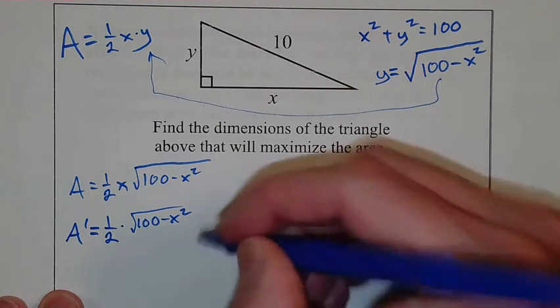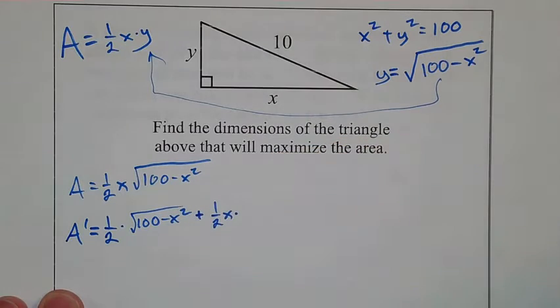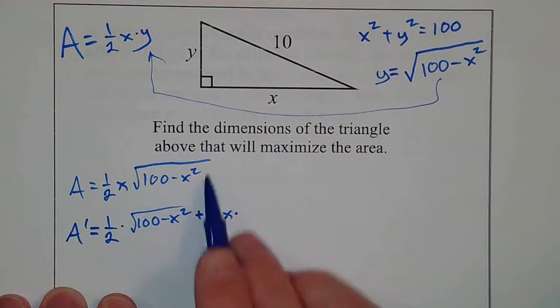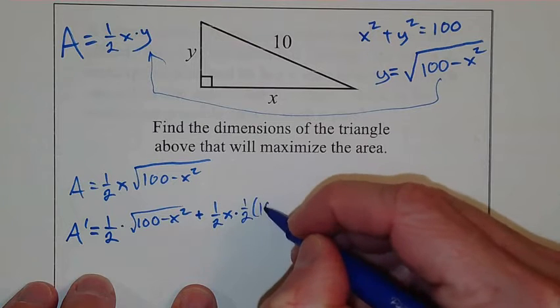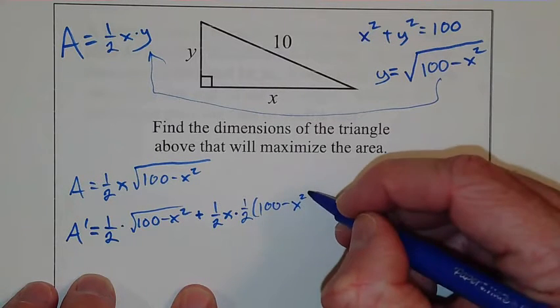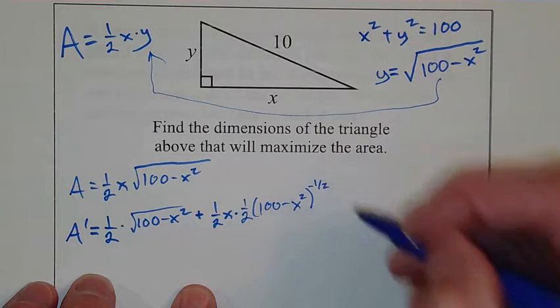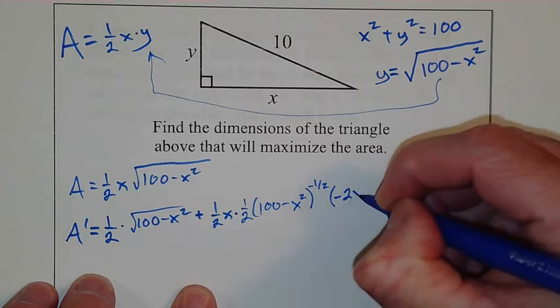Derivative of the first times the second plus the first times the derivative of the second. The derivative of something to the 1/2 power is 1/2 times the something to the -1/2 power times the derivative of the stuff inside. Derivative of the stuff inside is -2x.